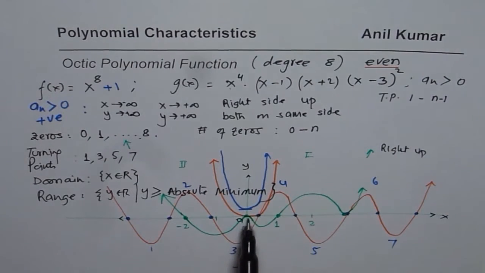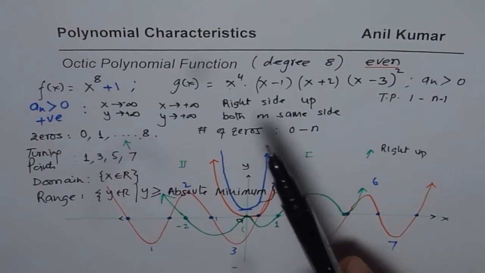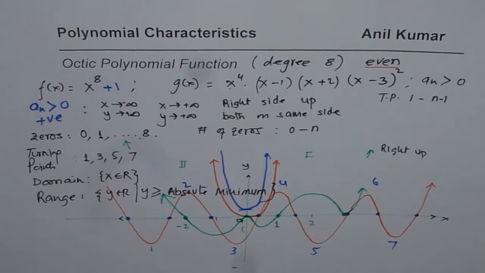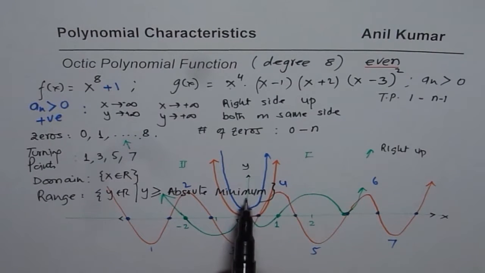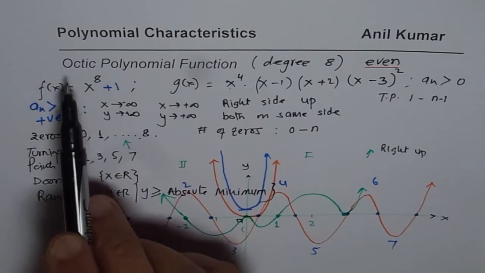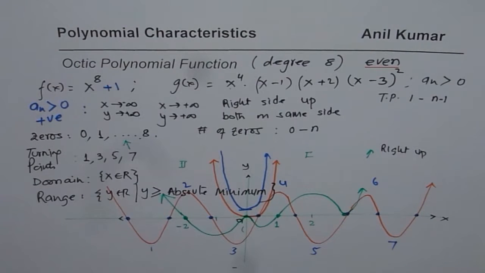Now this turning point may lead to absolute minimum. So what you really notice is that if the degree is even, we are going to get an absolute minimum, right? If the degree is odd, the range is all real numbers, we cannot have absolute maximum or minimum. This is very important to understand, and it's a very significant difference between even and odd degree polynomials, right?